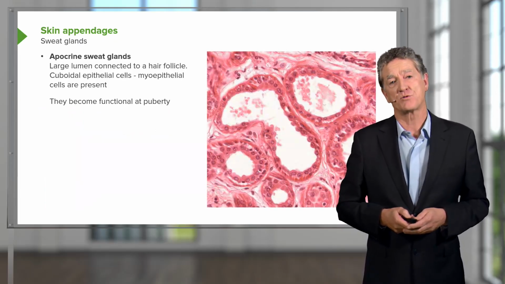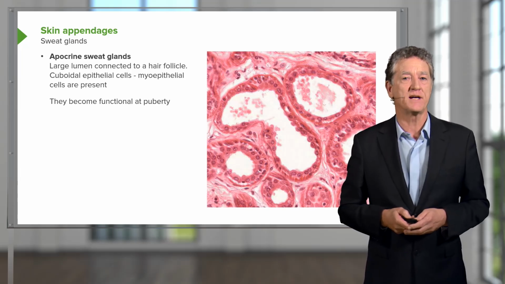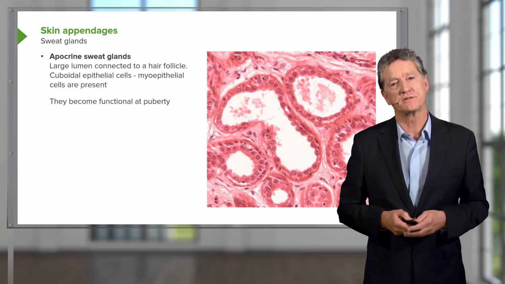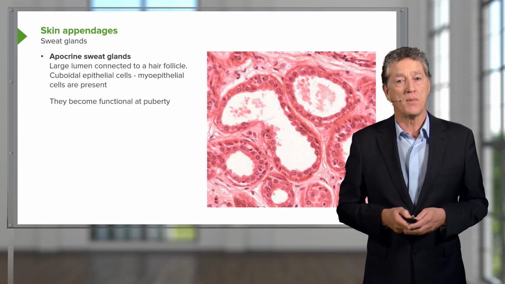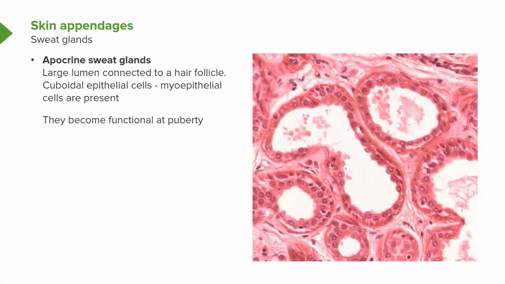Here's an apocrine sweat gland. It's got a wider lumen, a larger luminal space lined by cuboidal-like epithelial cells. There are also myoepithelial cells wrapping around these secretory components that help to eliminate the secretion product.